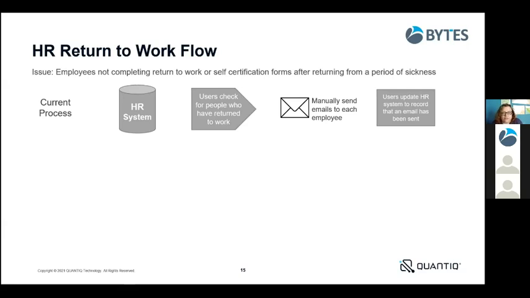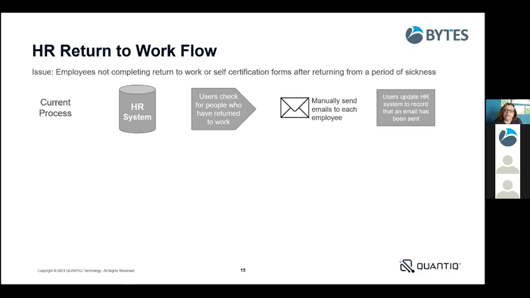The current process had been that the HR team would look at the system, work out who'd come back from sick leave. They would then write the names of those users down, go and look in their HR system to see who that person's manager was, and then manually send emails to each manager with all the names of the employees in. And then they'd wait for a response from the manager saying, yes, I've spoken to them, here's the self-cert, all of those things.